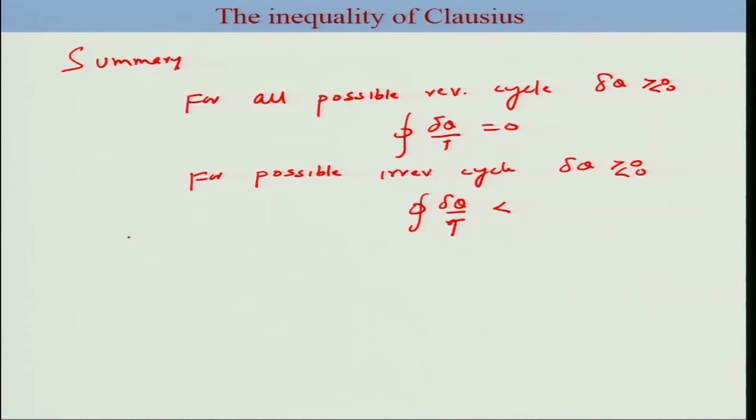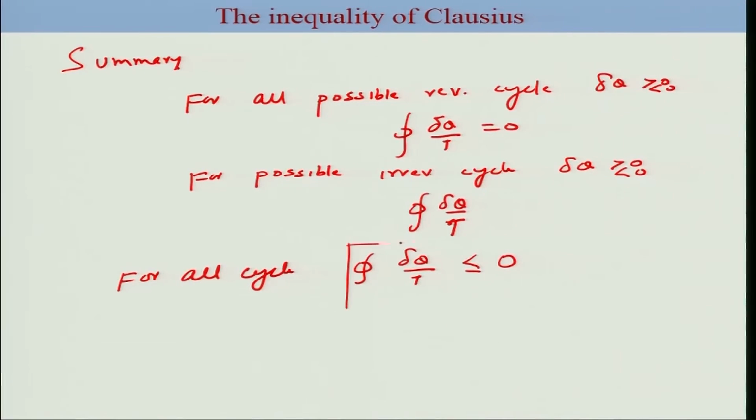So we can now conclude that for all cycles, whether reversible or irreversible, your del Q by T should be less than or equal to 0, and this is nothing but your Clausius inequality, where the equality is true for a reversible cycle and the inequality indicates irreversibility. Okay, so this is what would identify your processes.